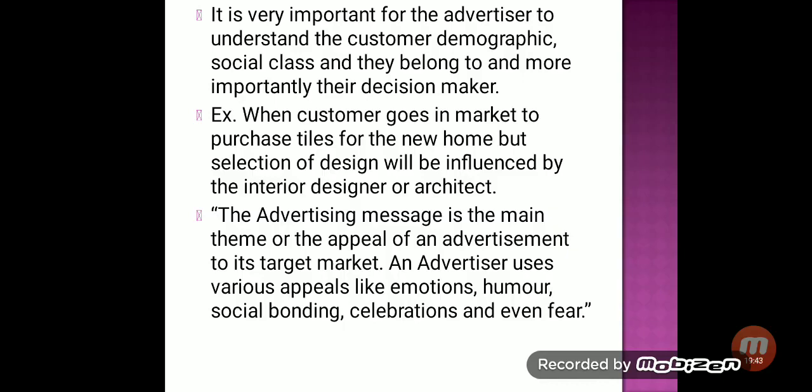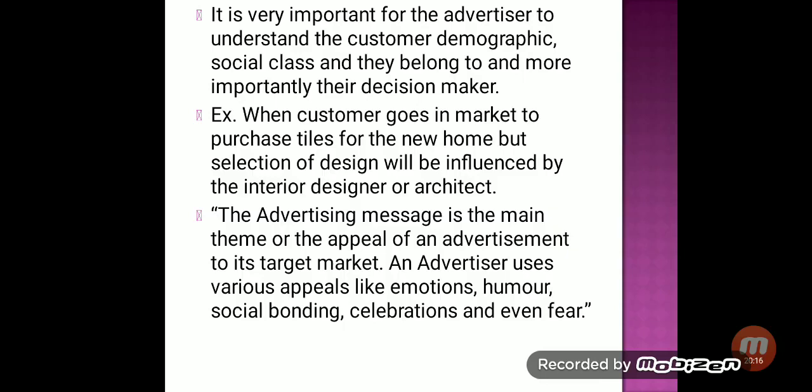Here in this example, as you can see, whenever a customer is building their new home, it is a new experience for the customer. That person is building a house for the first time and has no idea what design and what type of tiles to purchase. So at that time, that person takes the help of an architect on which brand, which type or which color of tiles to purchase.